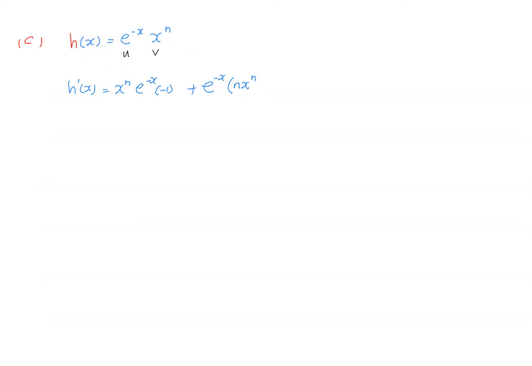Now I have to decide whether I need to factorize it or not. If you look at your h double prime x, before I do the next step, I think I better factorize it. Do you know why? Because if not, the first term I have to use product rule, second term also I need to use product rule. So I decide to take out e to the power negative x only.